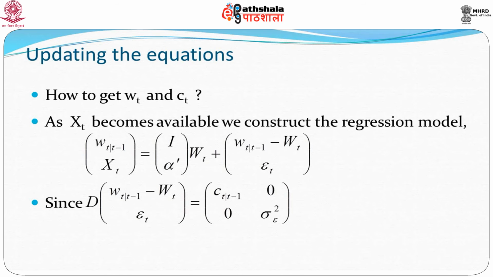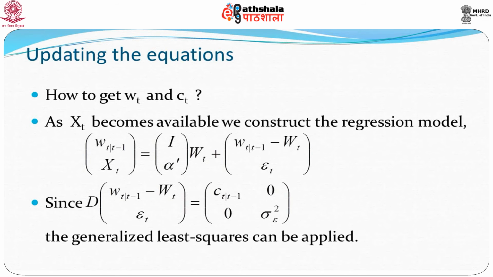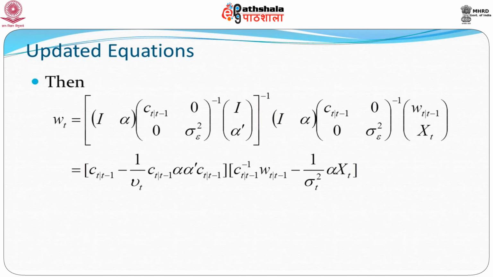Since the error dispersion is not an identity matrix, the regression model in this case is not spherical, so we will need to apply the generalized least squares method. Now, as you know, if you apply the generalized least squares method, we would get Wt as beta, which is I alpha in this case, then the dispersion of the error inverse, which is Ct given t minus 1 and sigma epsilon square as the diagonal, and I alpha prime as the second beta.